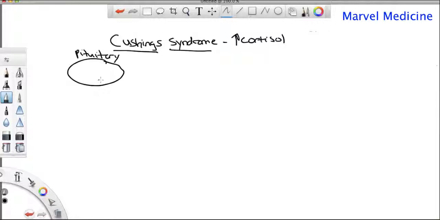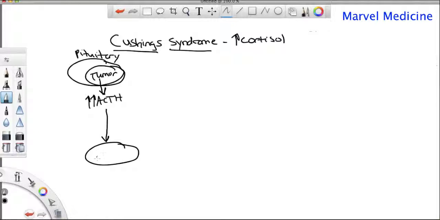Now, if I have a tumor in the pituitary gland, okay, what is it releasing? ACTH, right? Lots of it. A lot of ACTH. Now, again, what is this ACTH doing? It's going to my adrenal gland, right? And it's releasing cortisol from here.